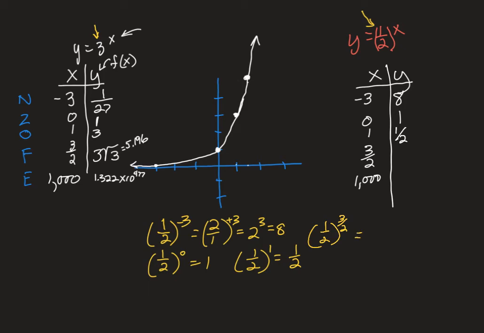So that's like the square root, because that 2, of 1/2 cubed. So that's like the square root of 1 cubed is 1 over 2 cubed, 8.